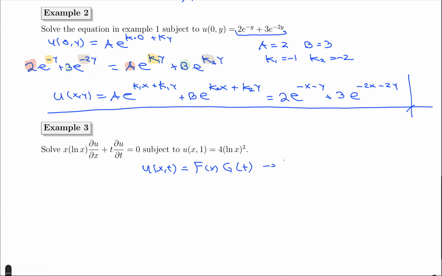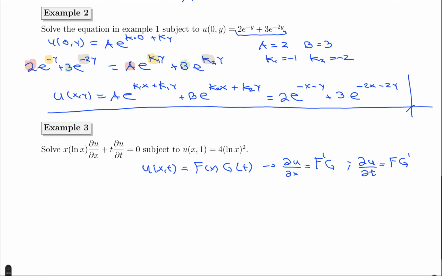That is the partial of u with respect to x, which is f prime times g, where g remains constant, and the partial of u with respect to t, so f remains constant, and g becomes g prime, right?